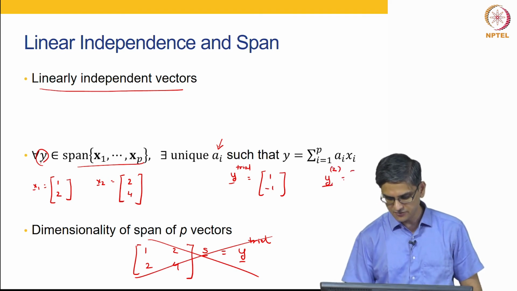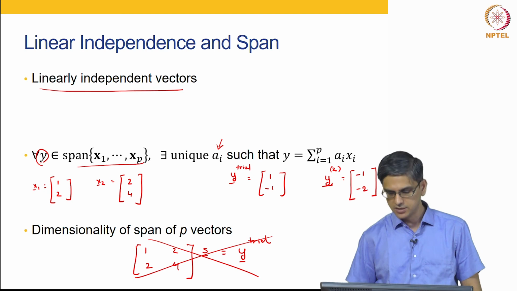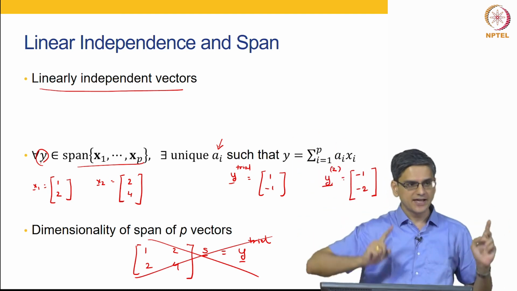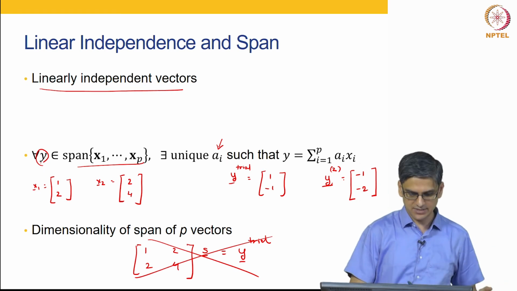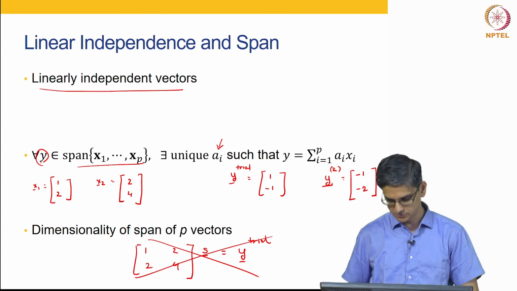Let us say y bar 2 is [-1, -2]. This guy lies on that line, so it can be represented as a linear combination of x1 bar and x2 bar. Okay.